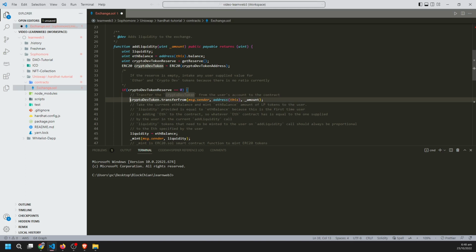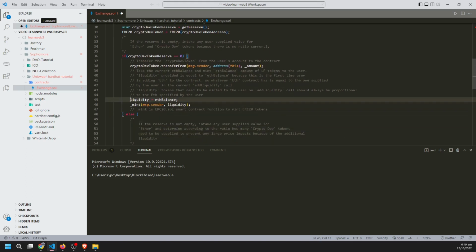So here we are transferring the amount to the contract, and take the current Ethereum balance and mint that amount of the LP token to the user.